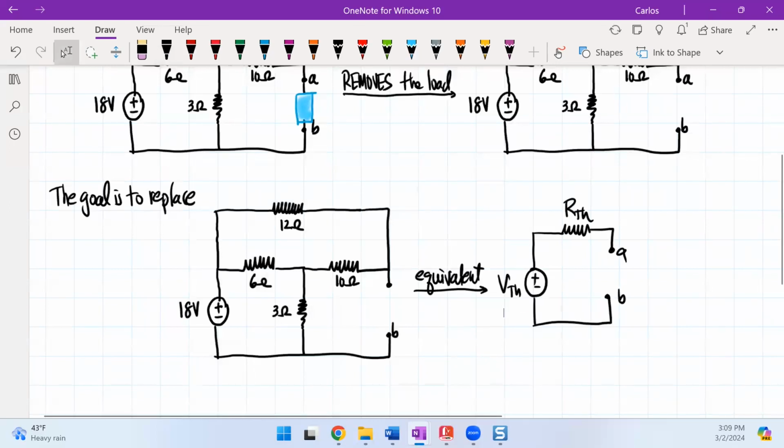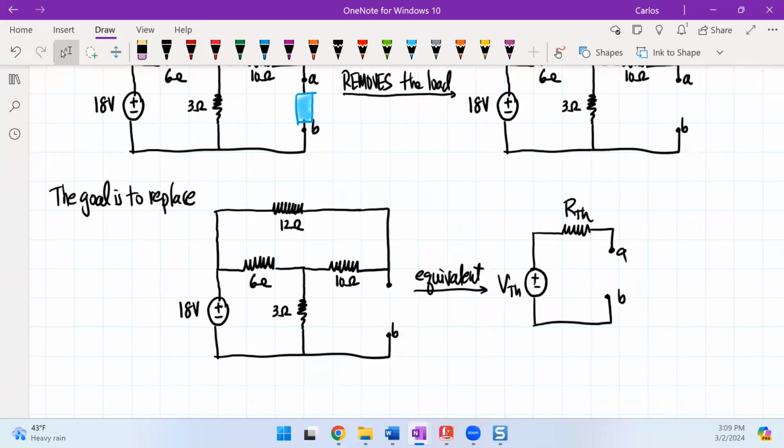Once again, we have to be careful here. When I draw it like this, everything is from the point of view of the load. And I need to keep repeating that because the circuits are physically not the same, but from the point of view of the load, they are the same.